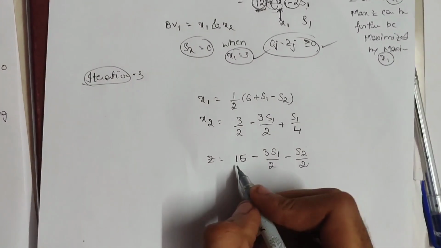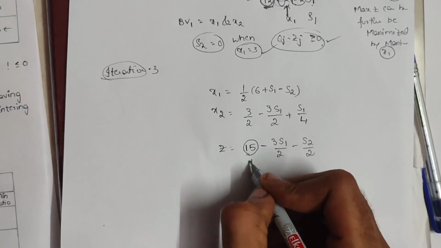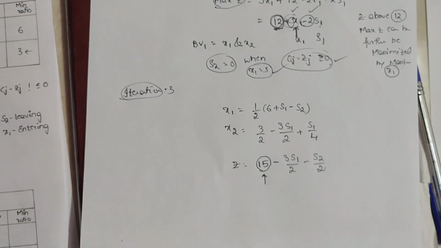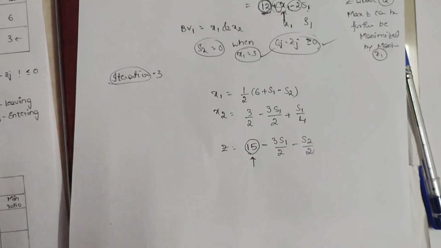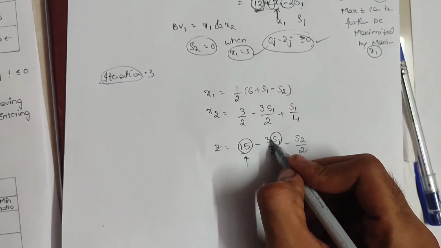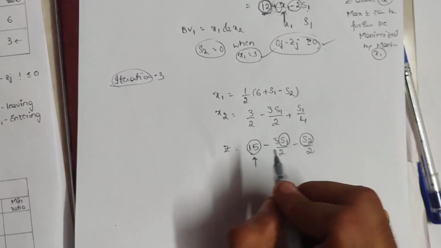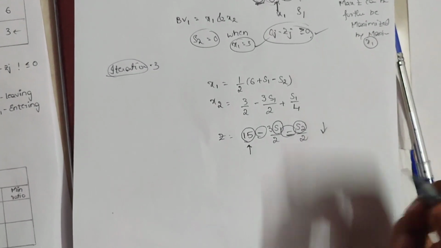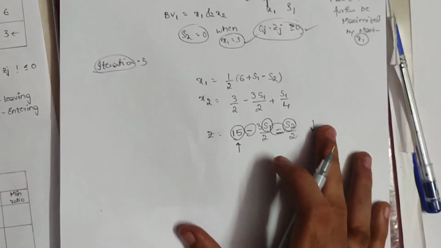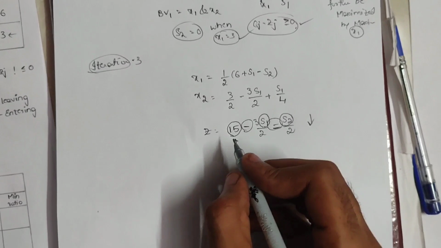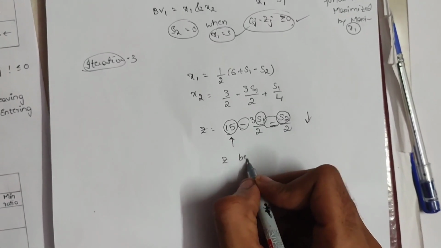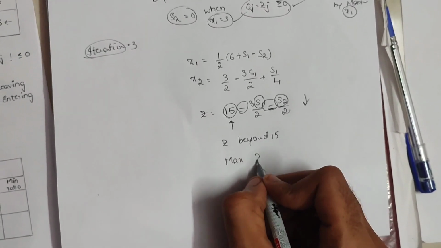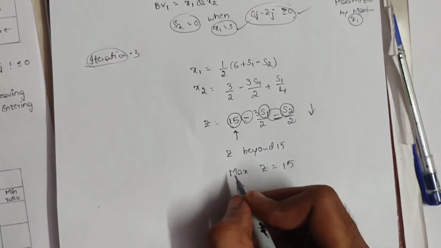So the maximum possible value of z will be 15. Let us check if we can further increase the value of z beyond 15. If we increase the value of s1 and s2, as the coefficients here are negative, the value of z will decrease, so we cannot increase the value of z beyond 15. So the maximum possible value of z is 15.